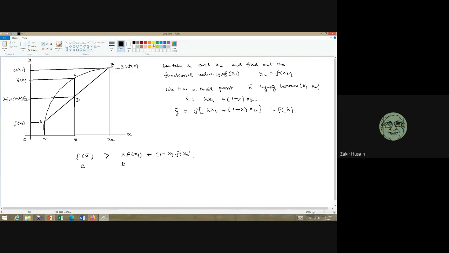Whatever the value of lambda, if we take different values of lambda, so these are different values of lambda, you can see that C will always be greater than D. Okay.